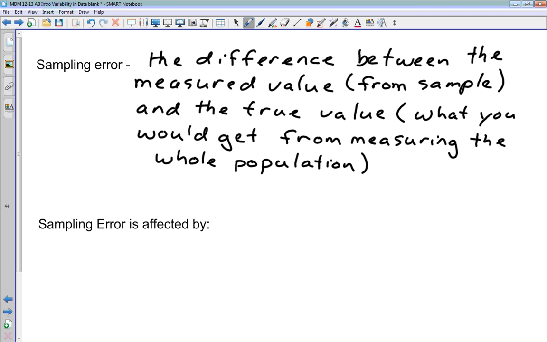Because you're not measuring absolutely everybody in your population, there's going to be some difference between what your sample tells you and what you would get if you did measure everybody.